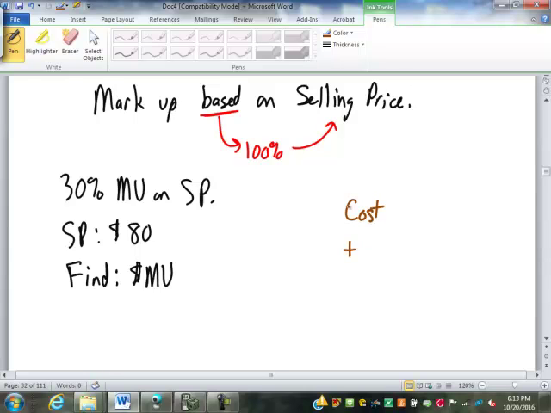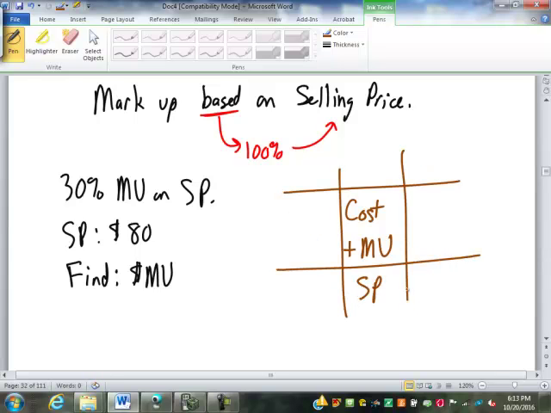Well, the formula is still the same. Cost plus markup still equals selling price. We still have a percent column and a dollar column. 30% still goes with the markup. $80 is on the dollar selling price.